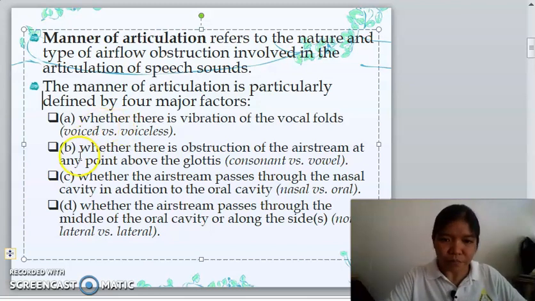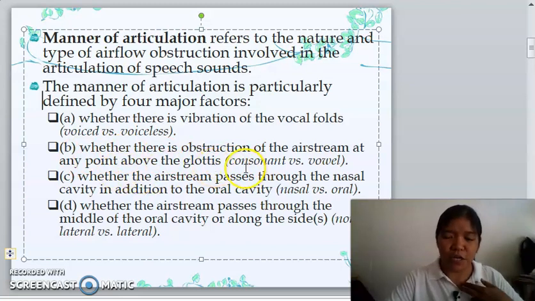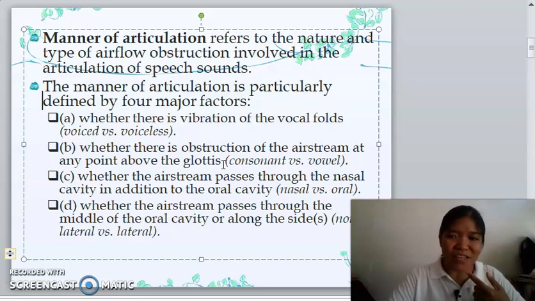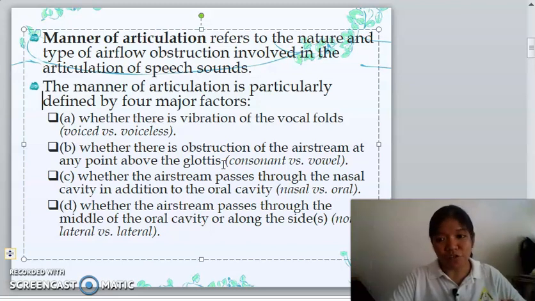Second one, whether there is obstruction of the airstream at any point above the glottis. We all know that when we produce a sound and two of our oral cavities meet, or for example, the upper and the lower teeth are pressed together when we produce the sound, for example, D, it is called consonant.